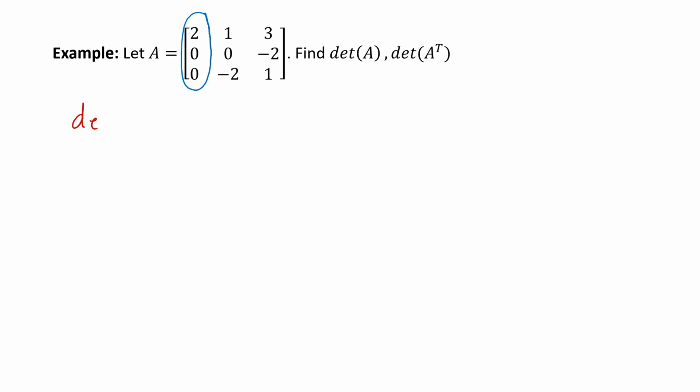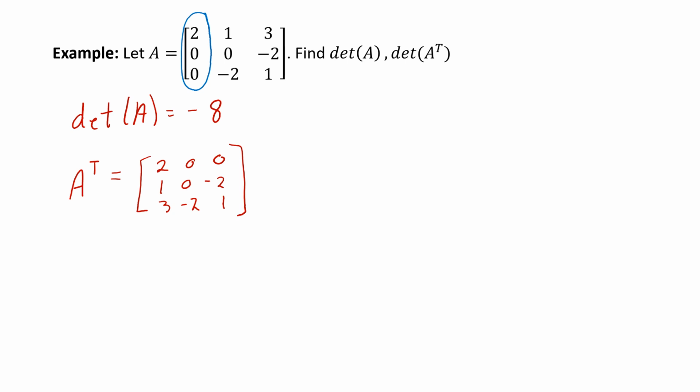So this is the same matrix we've been seeing all along. The determinant of A is equal to -8. What about the transpose? What is the transpose? A transpose is when you switch the rows and the columns. So there's the transpose. What's the determinant of the transpose?